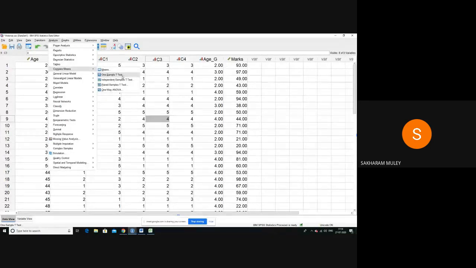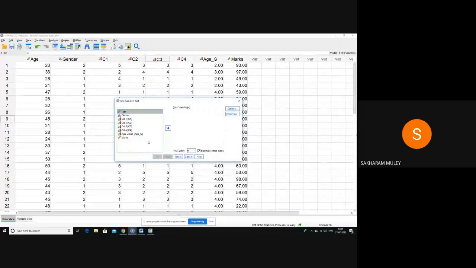If I have only the previous year's average, say the average marks obtained by any group for this particular test in the previous year is 70, then I want to find out whether the marks obtained by this group are more than 70 or different from 70. More than 70 and different from 70 correspond to a one-tailed hypothesis and a two-tailed hypothesis.